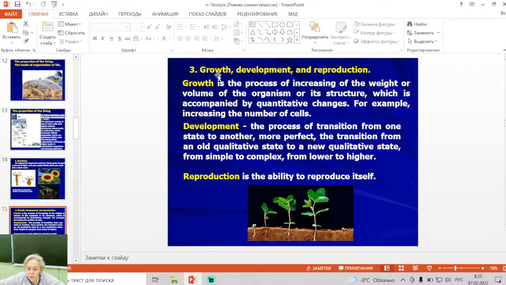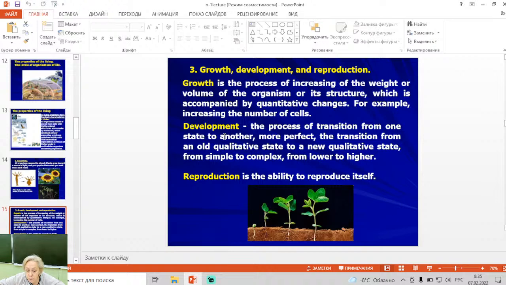Next property, growth, development, and reproduction. What is growth? Growth is the process of increasing the weight or volume of the organism or its structure, which is accompanied by a quantitative change. For example, increasing the number of cells. Development is the process of transition from one state to another, more perfect.